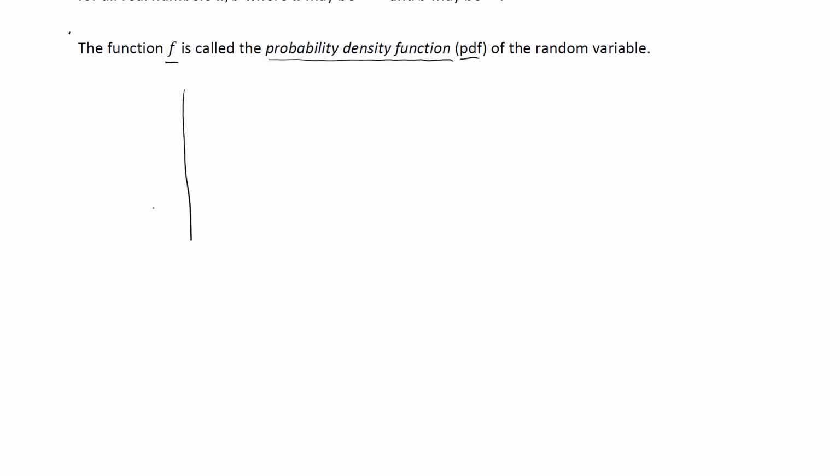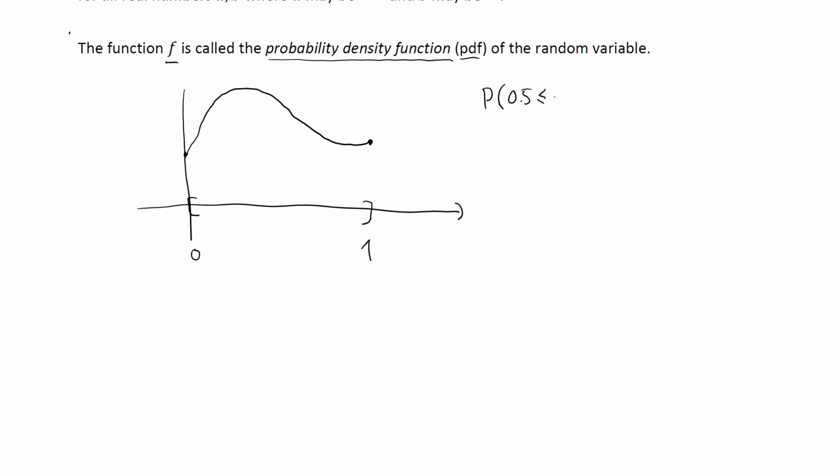So here is a simple example. Let's say that the range of my random variable X is between 0 and 1. Let's say that my probability density function looks something like this. If I want to evaluate the probability that X is between 0.5 and 1, all I need to do is simply calculate this integral.